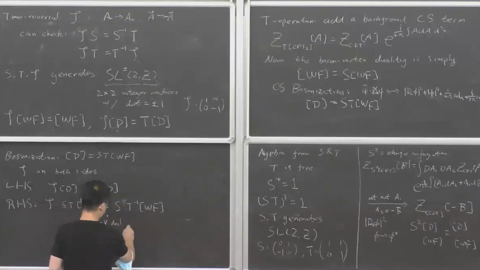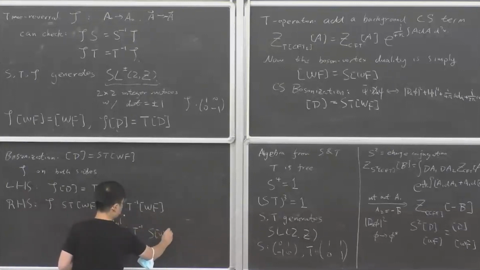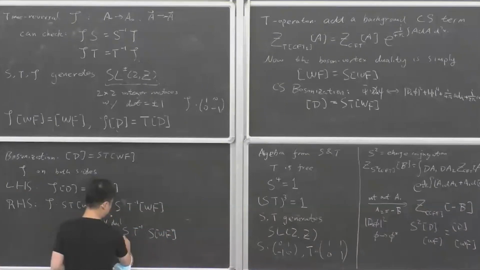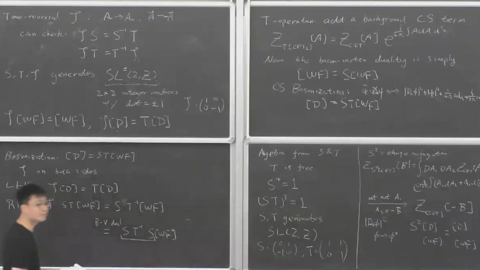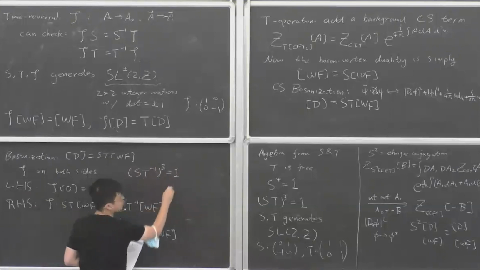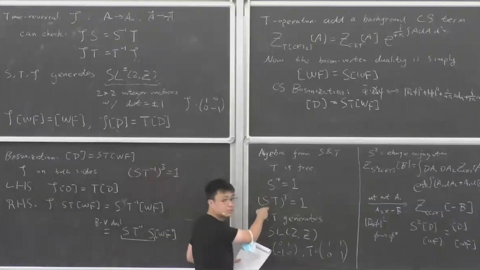Just rewrite this as S T inverse S WF, the Wilson-Fisher, since I'm just using Wilson-Fisher equal to S Wilson-Fisher. So now you get this guy. But by the SL2Z algebra, this guy to the cube is 1. We replace T by T inverse, nothing changes.